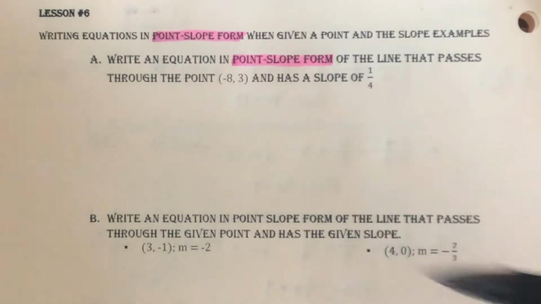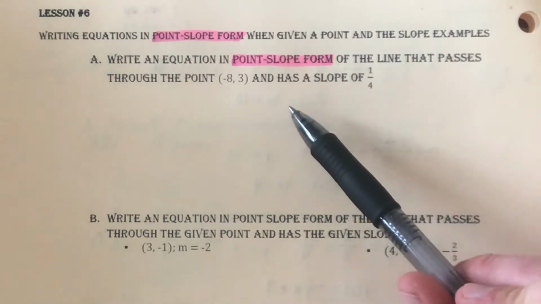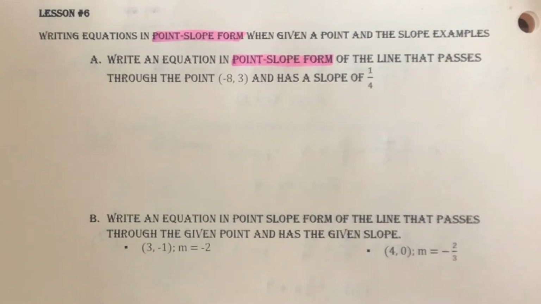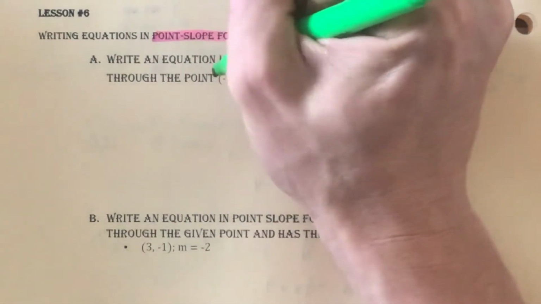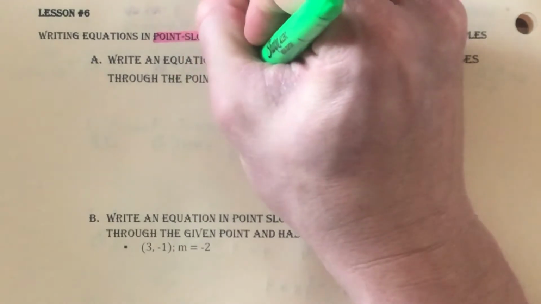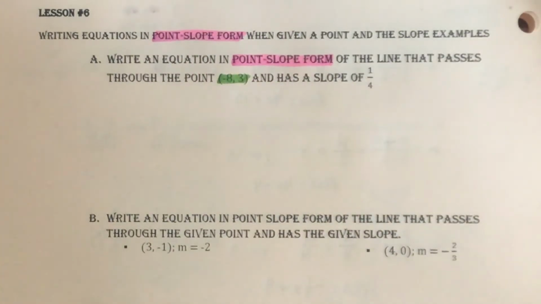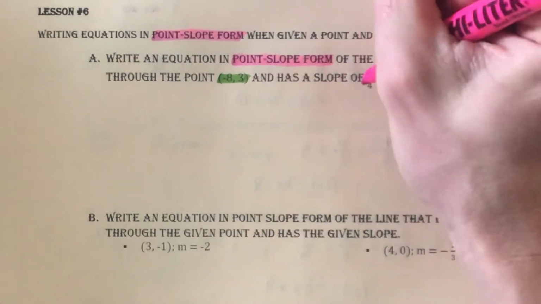The next thing that I see is: write in point-slope form the line that passes through the point. So they gave me 1 point and said it has a slope of 1/4. First thing they gave me here was a point, -8, 3, and then they gave me the slope.